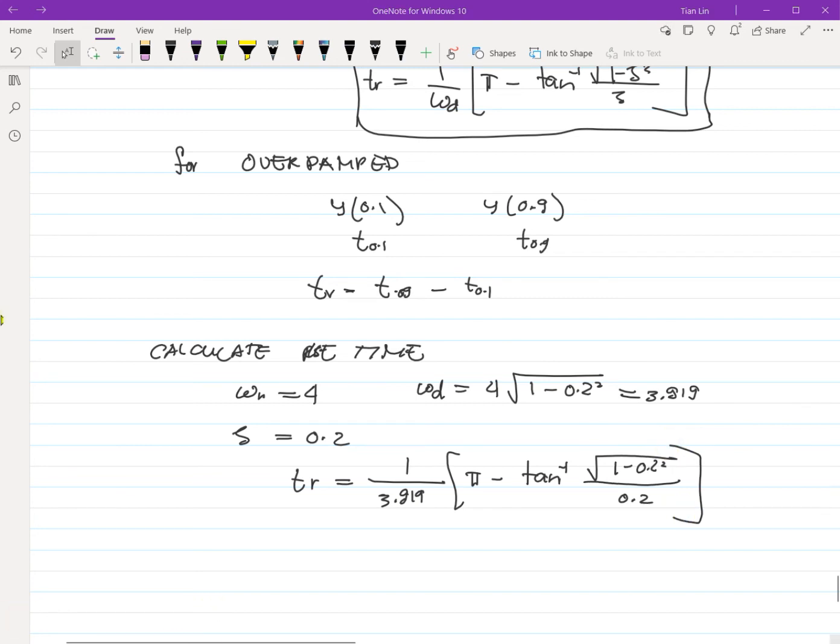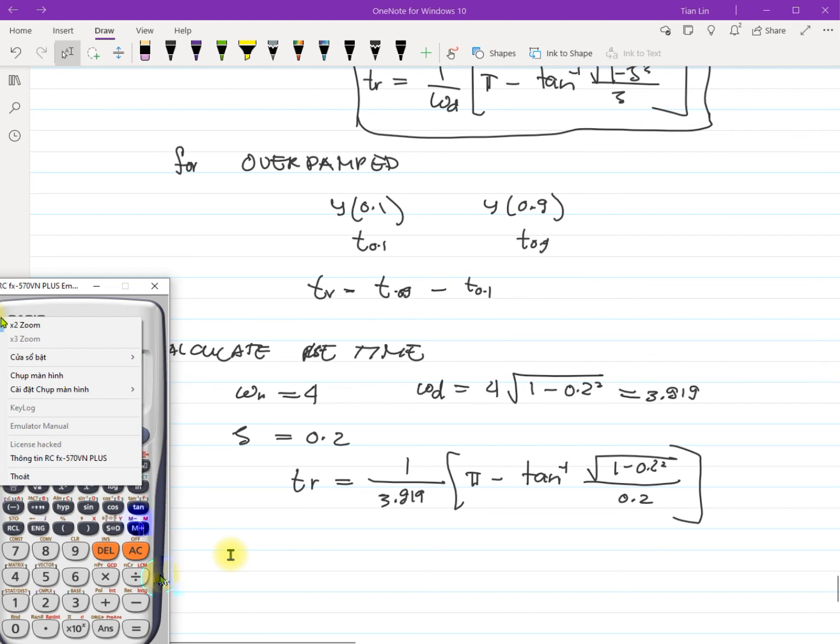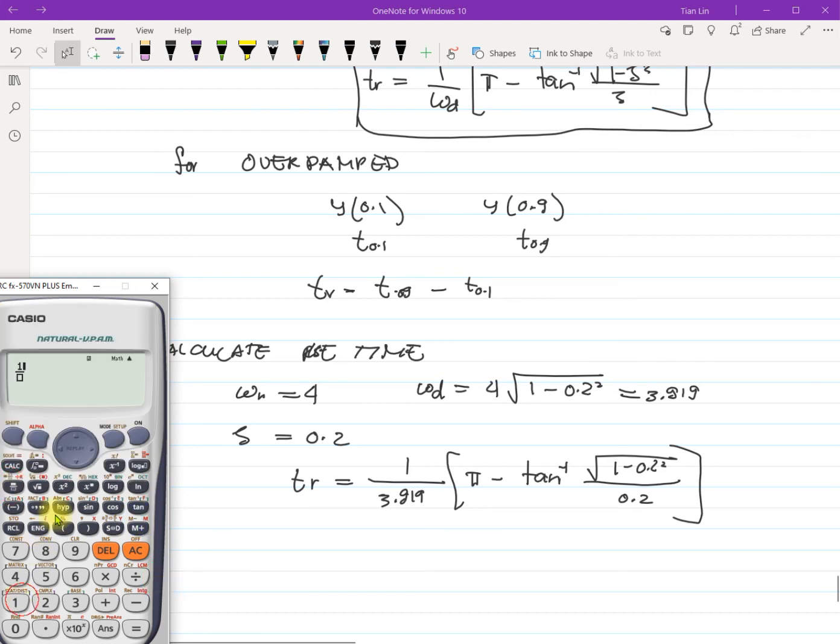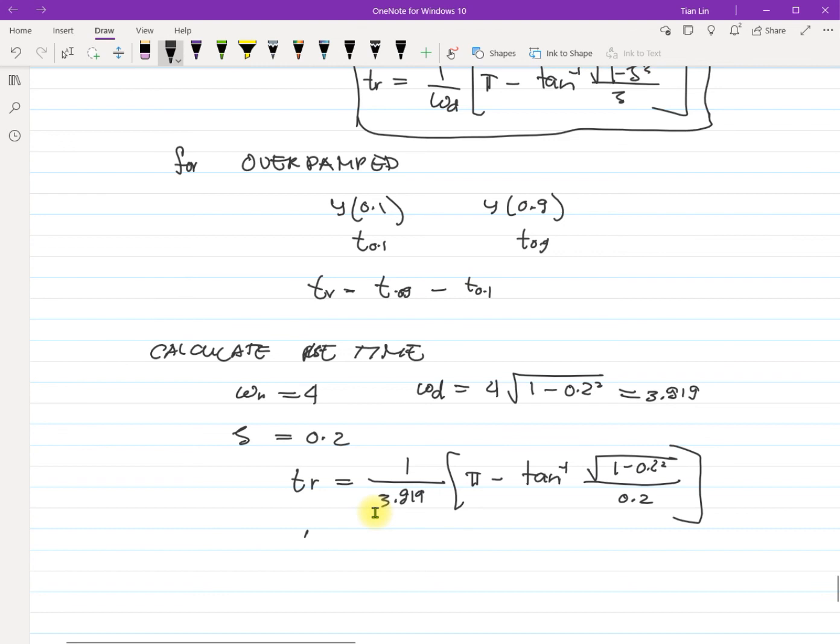Then let's calculate this again: 1 over 3.919 multiplied by pi minus tangent inverse of the square root of 1 minus 0.2 squared all over 0.2. And this will be equal to 0.452 seconds, so TR is 0.452 seconds.